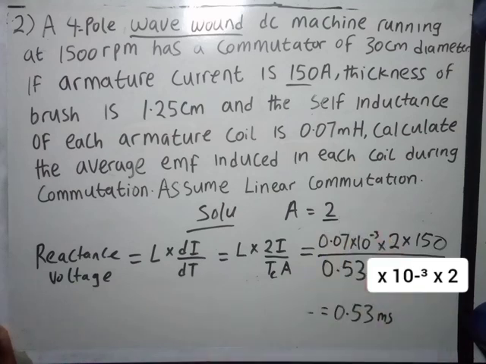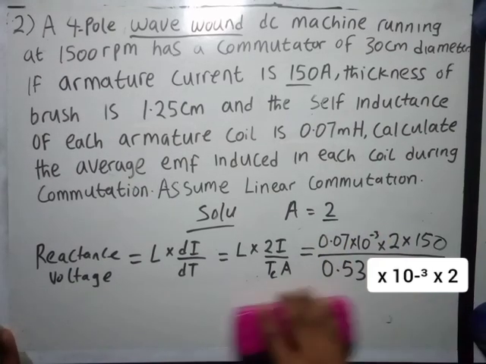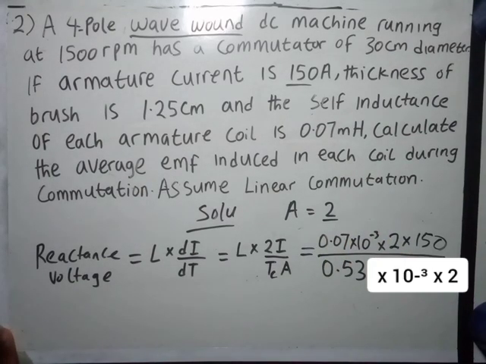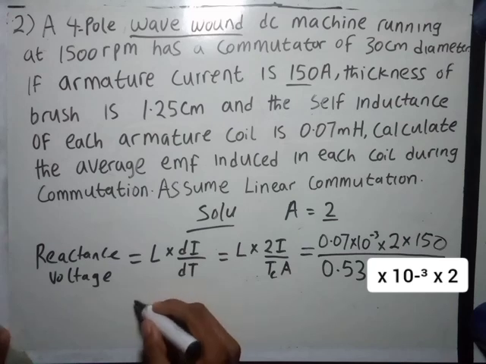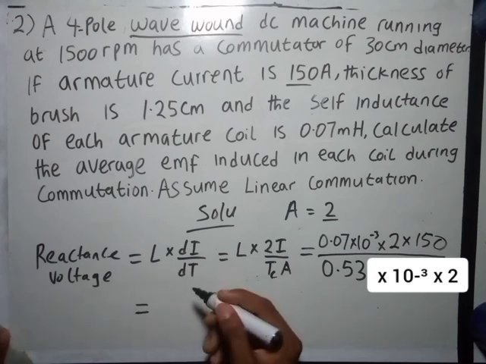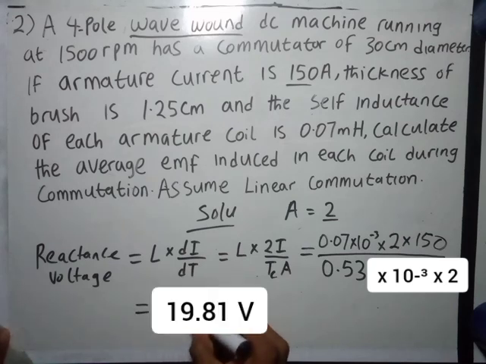Our A is 2. So inputting this in your calculator, we have that our reactance voltage is 19.81 volts. So this is our answer.